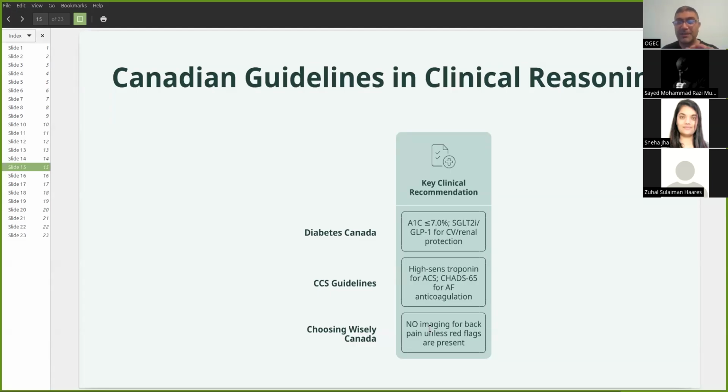So when we see a question, and in the question stem there are no indications for any imaging, and we choose, for example, MRI or CT scan or any other imaging which the patient doesn't require, then we will lose marks. And Choosing Wisely Canada helps us in this regard.